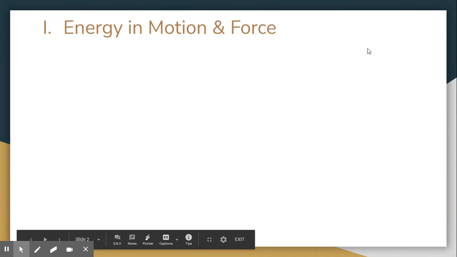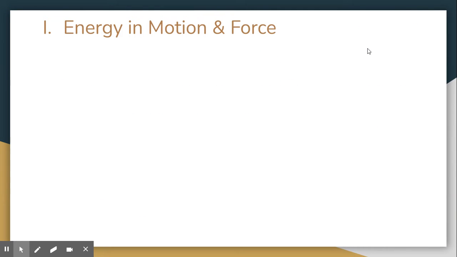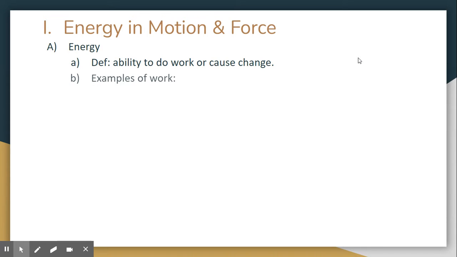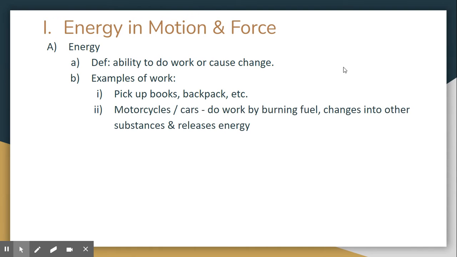Okay, so energy in motion and force. Energy is the ability to do work or to cause change. We're going to talk a little bit about what work actually is a little bit later on in this slideshow. Some examples of work: if you pick up your books or your backpack, or motorcycles or cars, they do work.